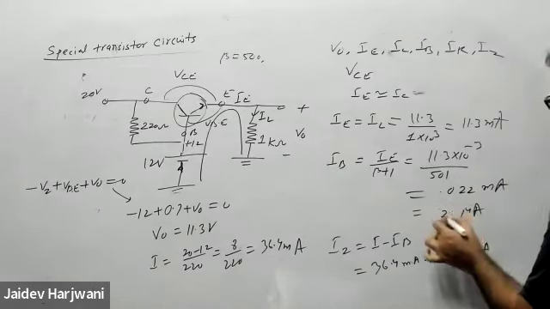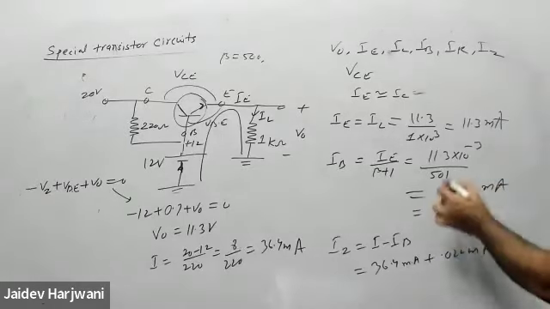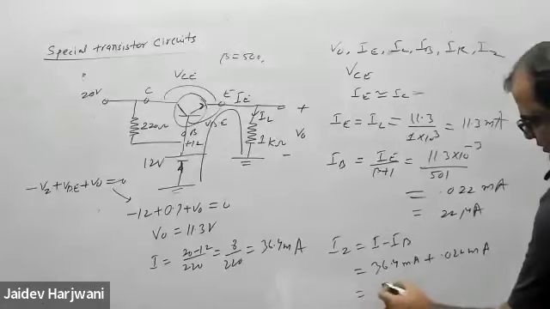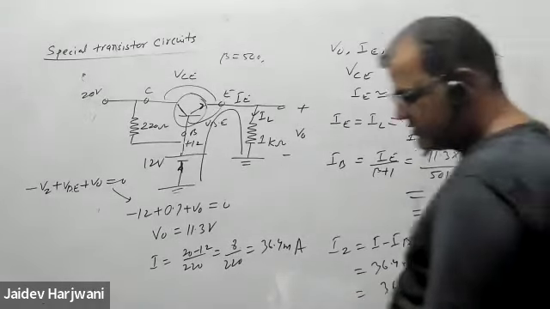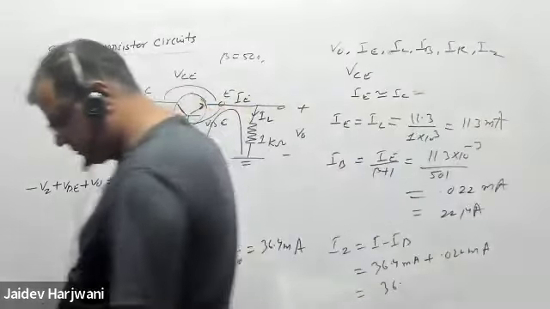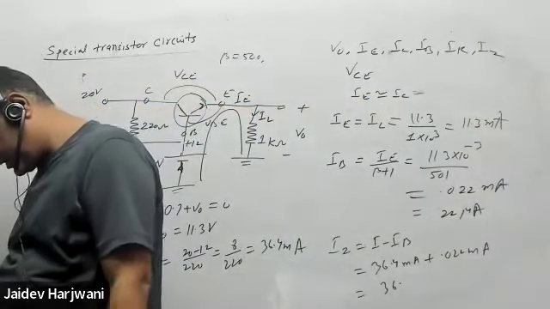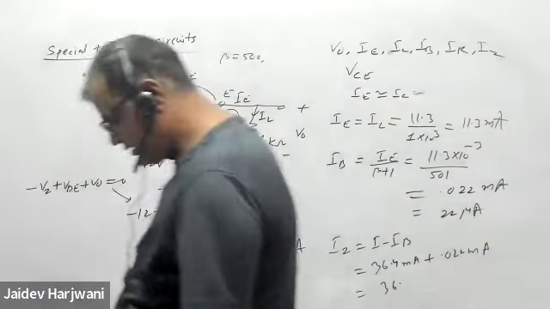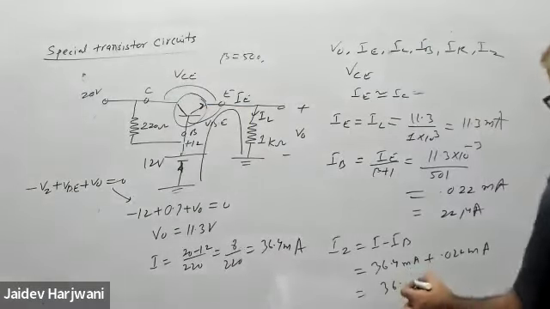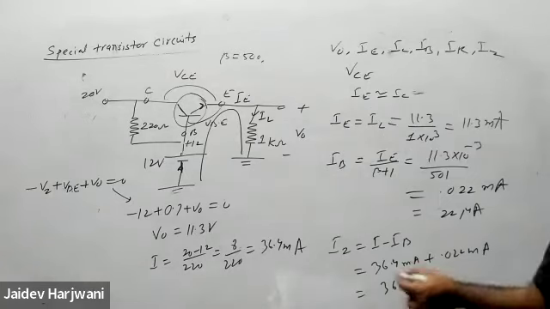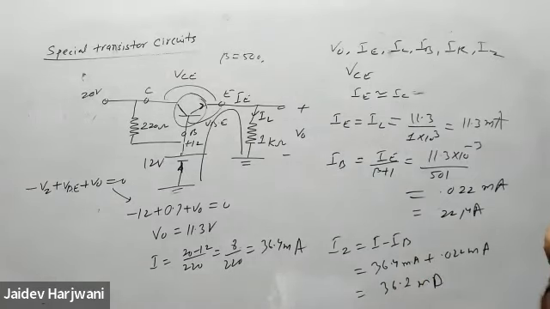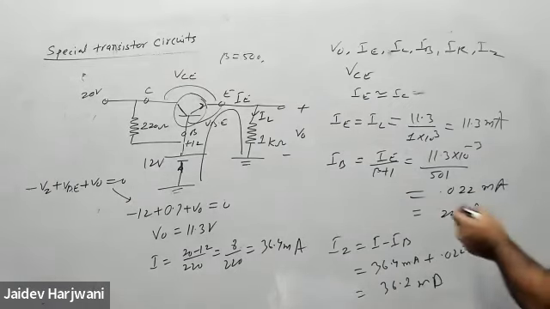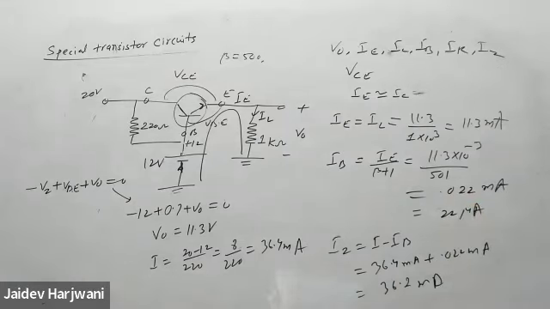The zeros won't make much difference, so you can calculate around 36.4 milliamps.